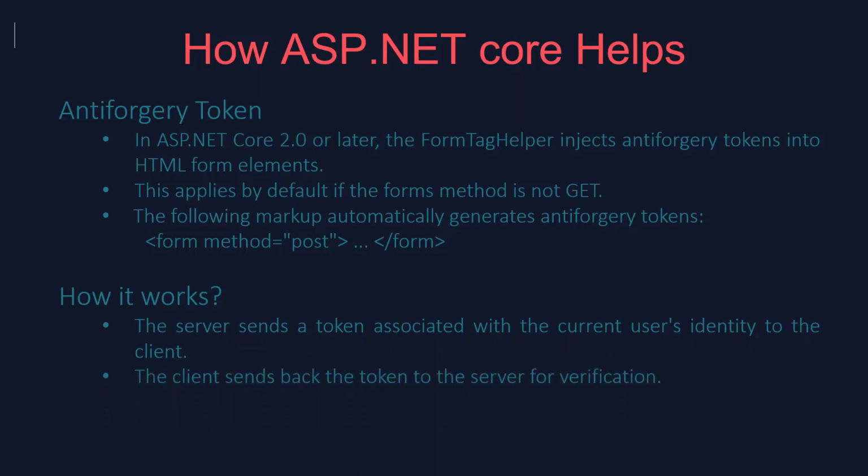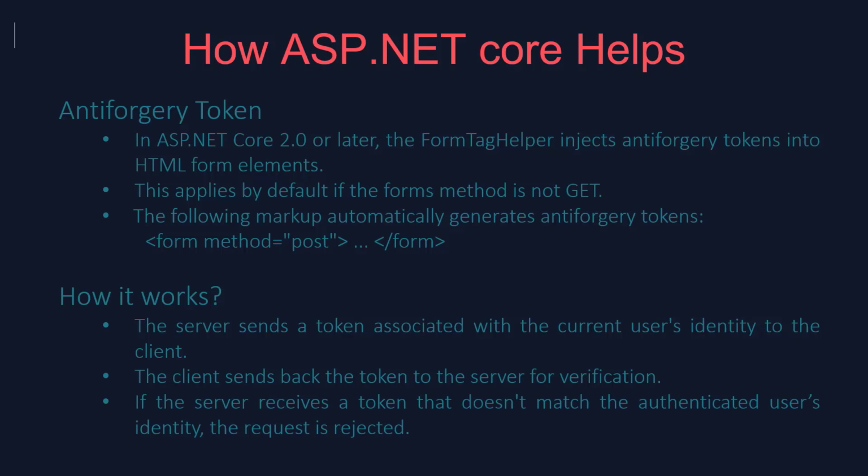Then the client sends the token back to the server for verification. Finally, if the server receives a token that does not match the authenticated user's identity, the request is rejected. And this functionality is automatically integrated with .NET Core to prevent cross-site request forgery.